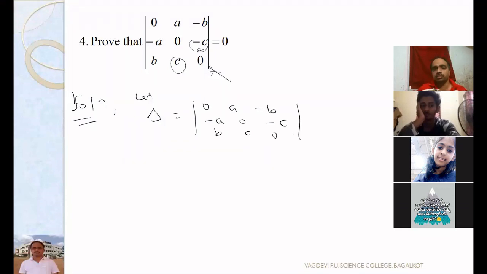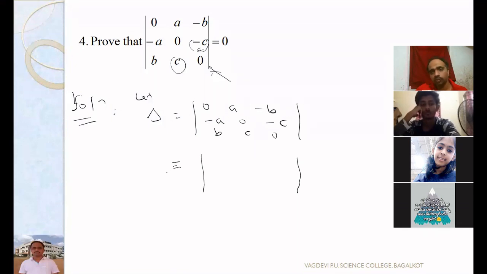Correct? I have taken the determinant value as delta. Now, according to property 1, what is property 1? If rows and columns are interchanged with each other, the value of the determinant remains the same. Same means equal. That's why I wrote the equal sign.